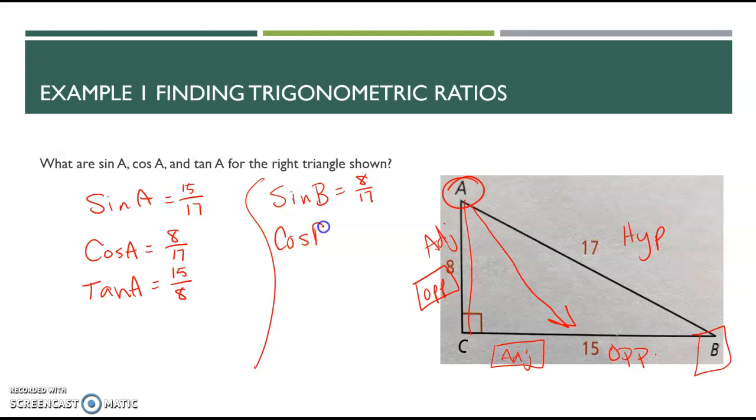Cosine of B will be 15 over 17, and tangent B is just the reciprocal, 8 over 15, because we're now opposite over adjacent. So that's why it matters what angle you are working from, because that adjusts your adjacent and your opposite.